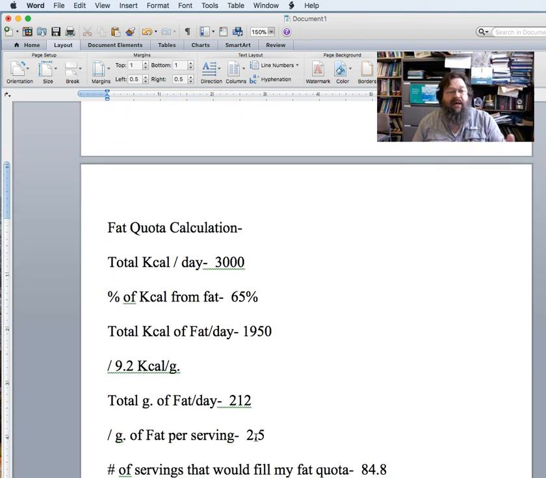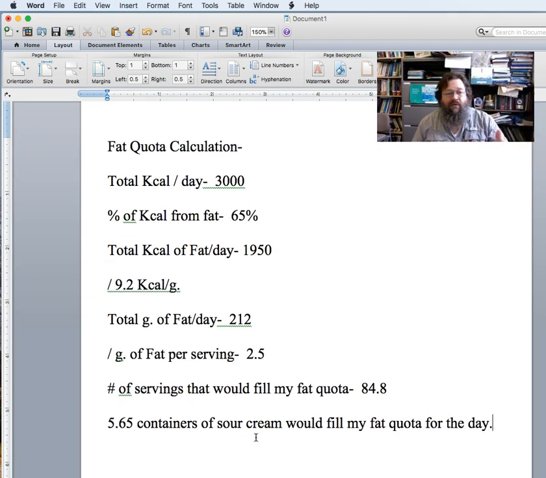Then, by calculating the fat quota calculation here, how many servings would it take to fill your fat quota, you'll be able to figure out how far eating this would take you toward actually getting your fat for the day. Based on those things, and also based on what you think of the taste of the actual item, I want you to make a final conclusion about, is this an item that you're going to include in your diet on a regular basis?